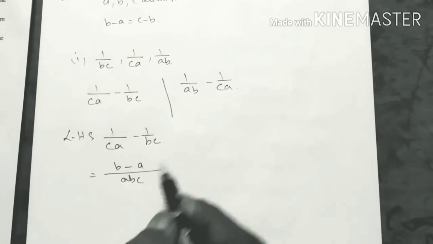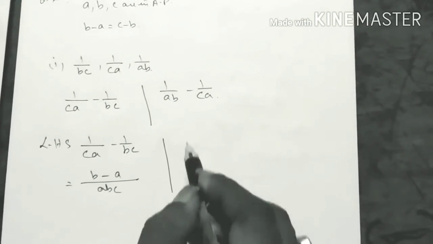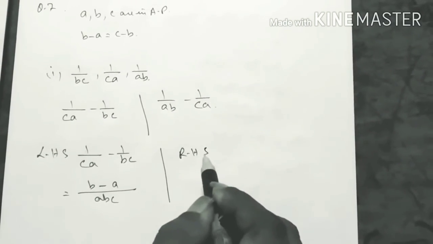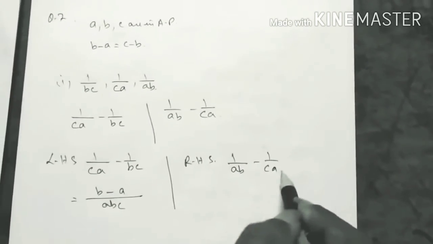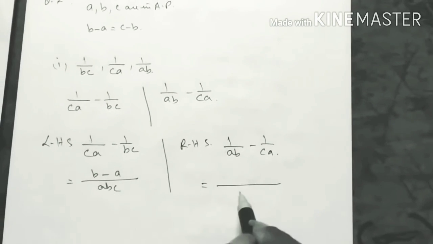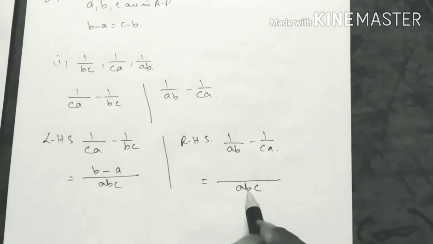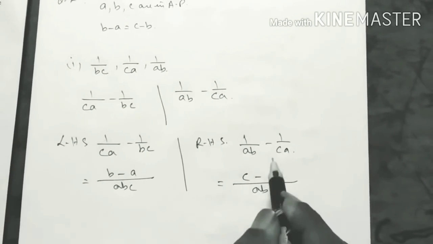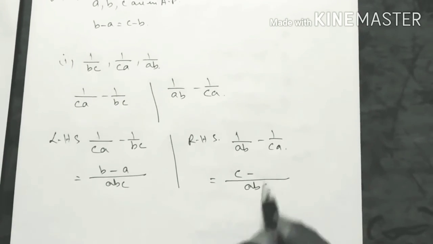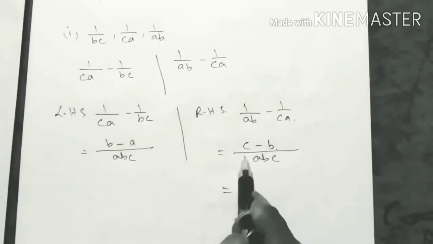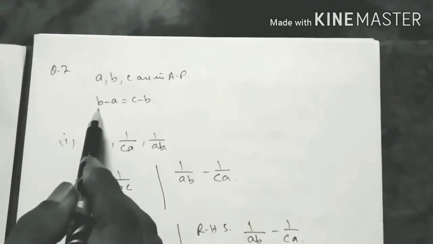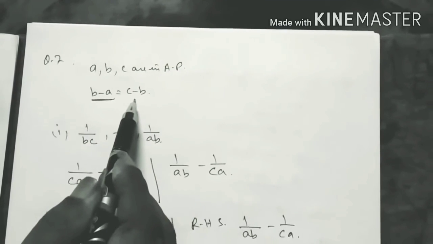This is the left hand side. And your right hand side, that is 1 by AB minus 1 by CA. Your LCM is ABC. Here it comes to be C minus A. This here it comes to be B. So here you can write C minus B. Instead of C minus B, I can write here A minus B because it is given to you.